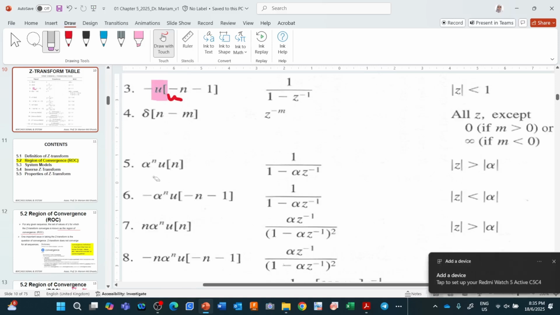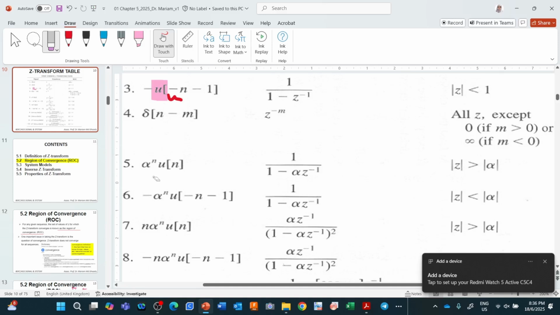the example alpha to the n times u[n], given by this equation, I'm going to look at the region of convergence. The ROC is |Z| more than alpha.